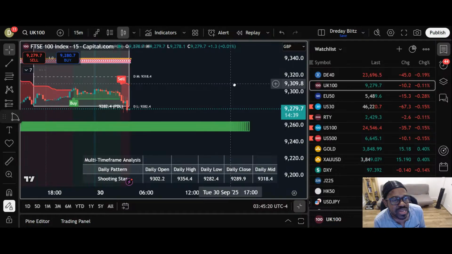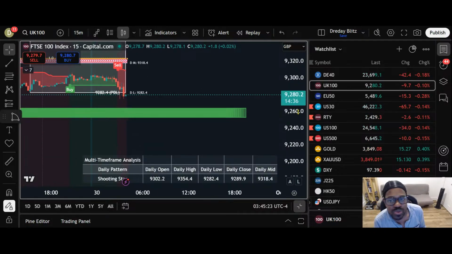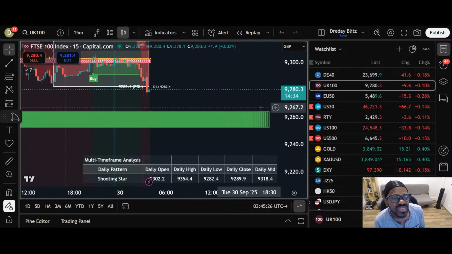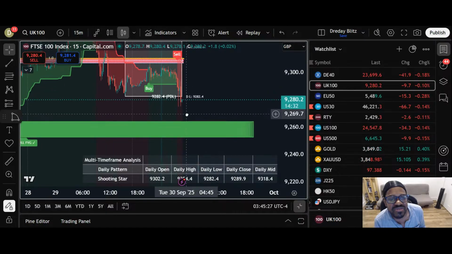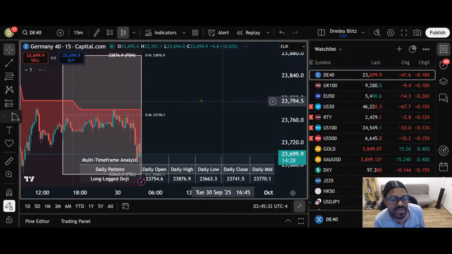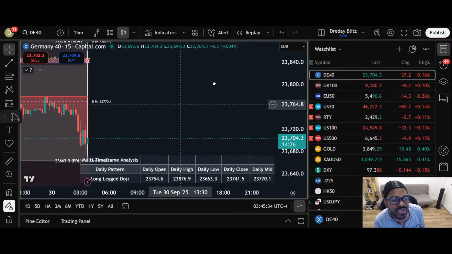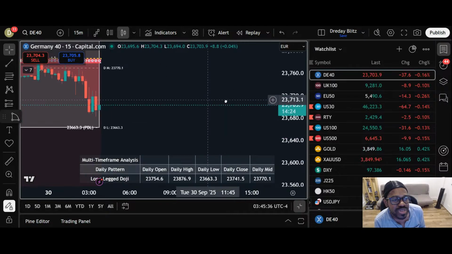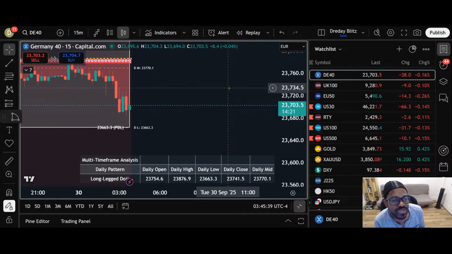So we did break that previous day low. So we just broke it. And let's look at German. German is still trading above that previous day low.